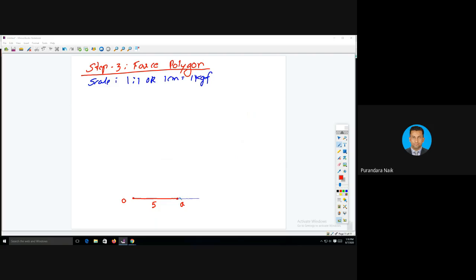Now, what is the length of the line? It is 2.5 centimeter. Mark the point. This point is B.